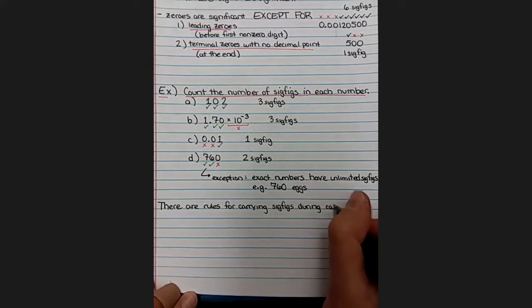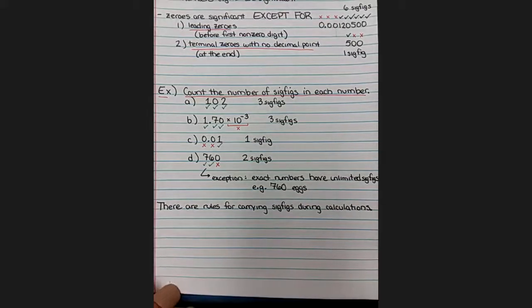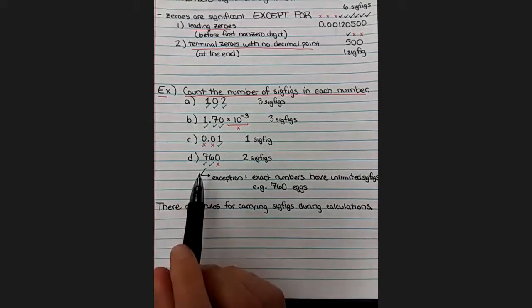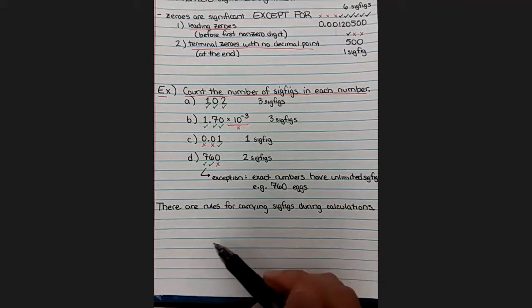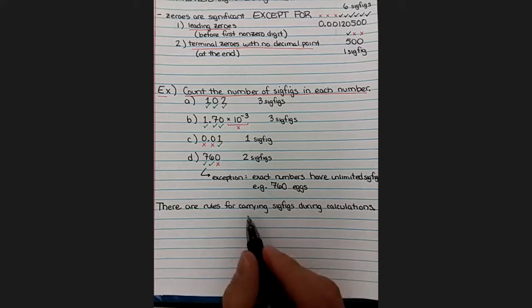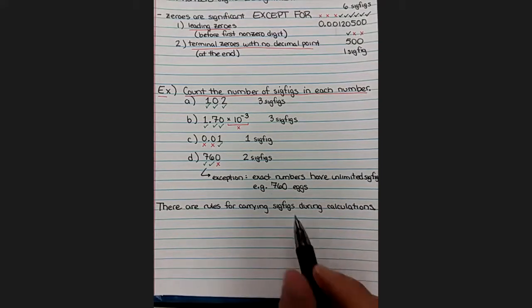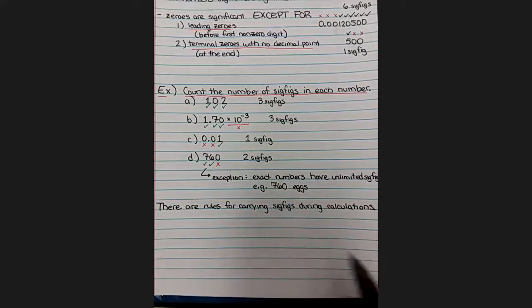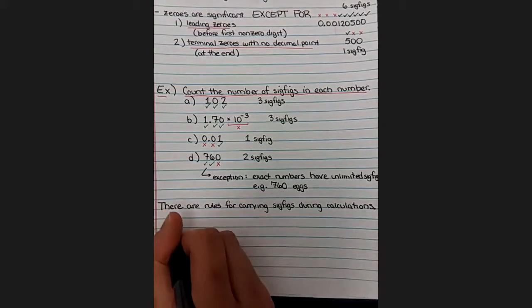Because if you measured a number yourself, you can be very certain as to how many significant figures it has because you were the one working the scale. But if you're adding 2 numbers together, you need to make sure that the number that you get as a product or as a sum or as a difference or as a quotient has approximately the same number of significant figures as the numbers that you started with. You don't want to multiply 3.7 times 2.9 and get a number with 17 digits in it. That's not accurate.